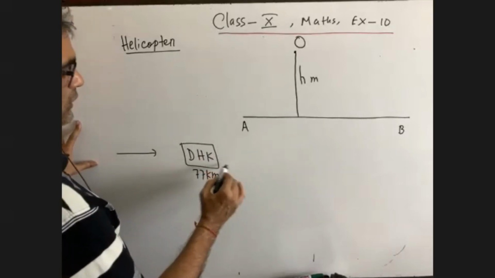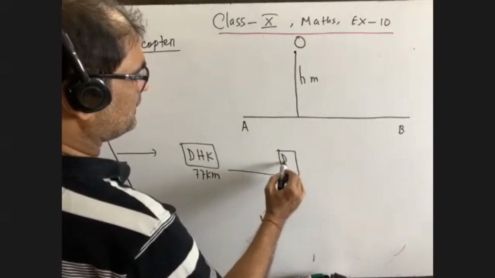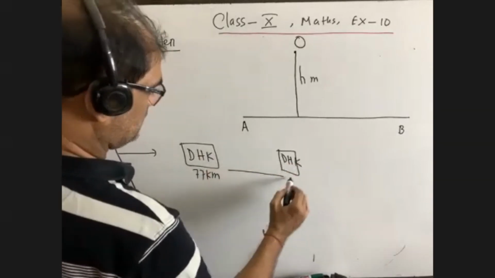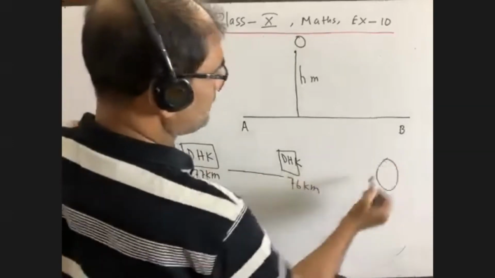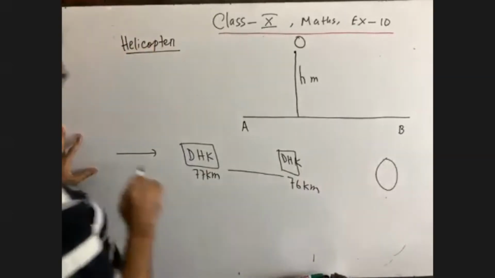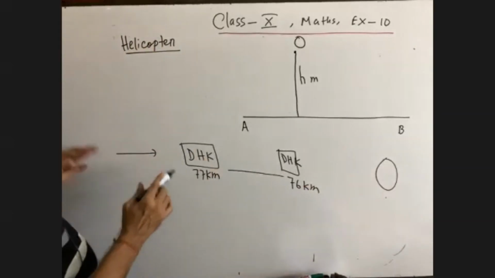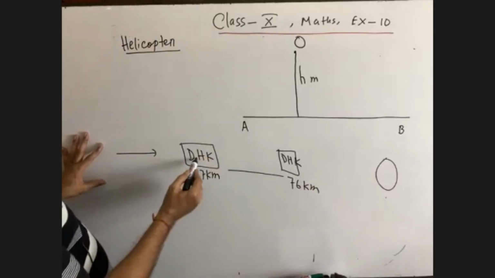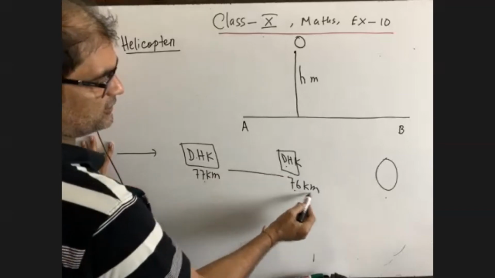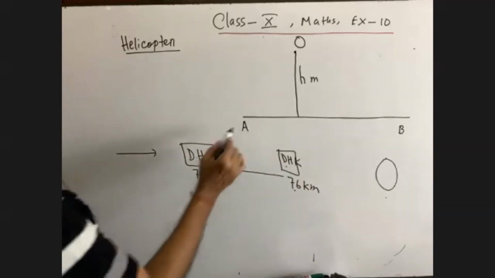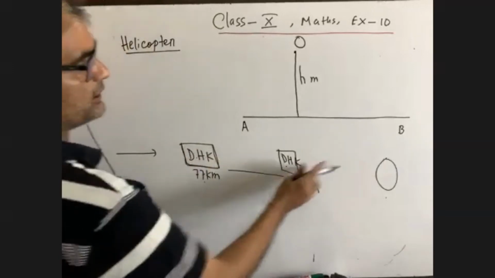Then after 1 kilometer, you will see again Dhaka 76 kilometer. So actually this is A and this is B. It is a kilometer post, it is another kilometer post.